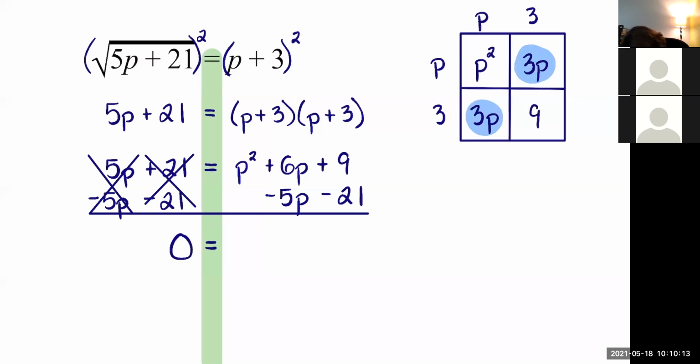On the right-hand side, you said p squared. 6p take away 5p, positive 1, so 1p. And then 9 take away 21, negative 12. Good. So it's set equal to 0. Now can we factor?